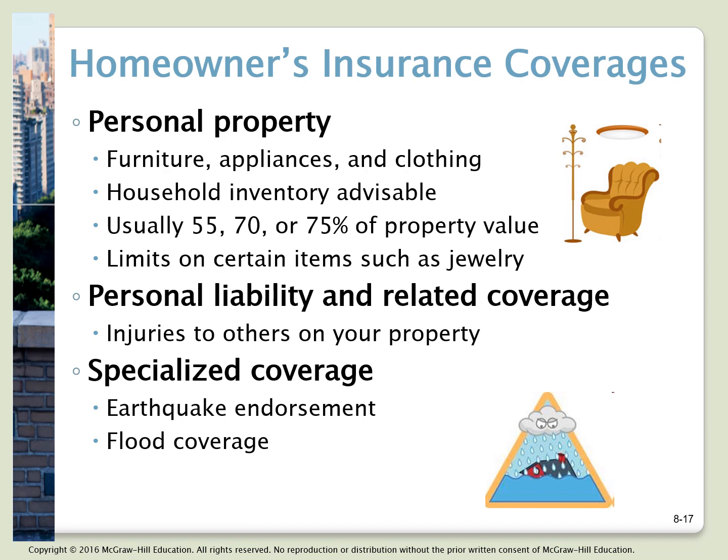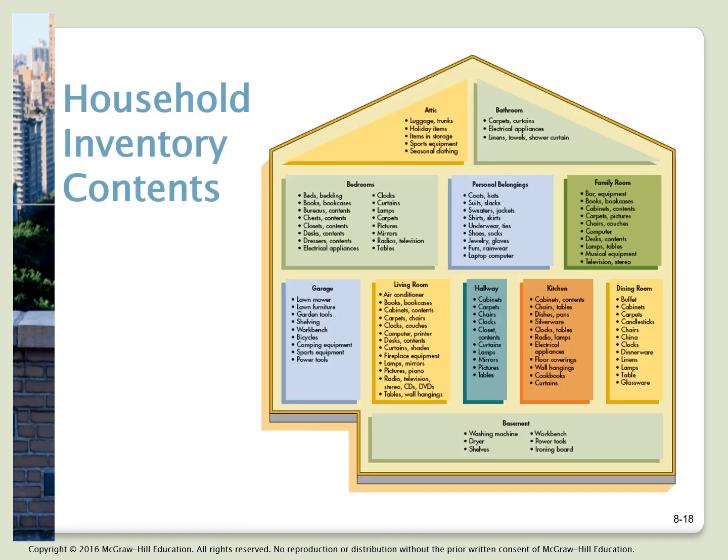At any rate, onward. The household inventory: when you inventory the contents, go through your home, and take stock of what you have, not just grandma's chair that's 150 years old, but all the other things in your possession.